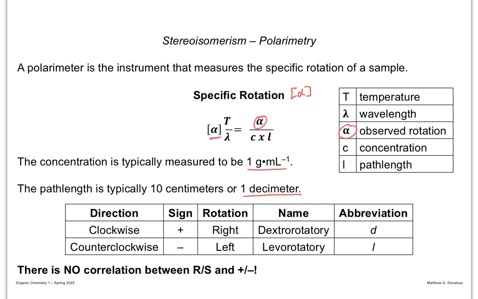So there's two outcomes. If you get a positive value, that means the light is rotating clockwise. And so the name that's used for that is dextrorotatory. And sometimes in the older nomenclature, that's abbreviated with a small d.